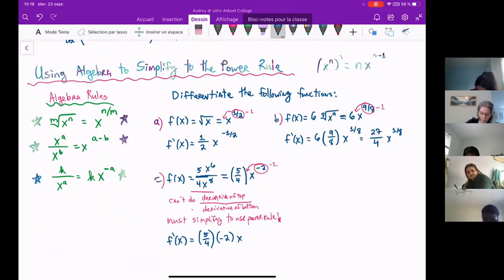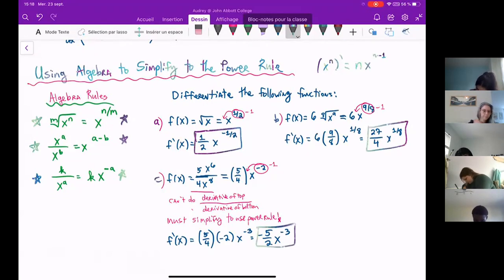So I'm going to have a new power of negative 3. Okay, I want to do one more before I add another algebra rule.